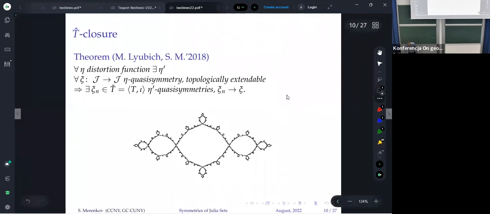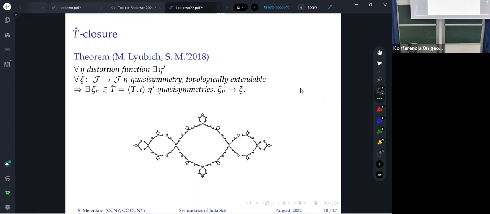Right. So that is the main result here for Basilica. With Misha Lyubich, we proved that if you look at this group, which we call T hat, generated by T and the inversion, then any quasisymmetry can be approximated, in the uniform sense, by a sequence of quasisymmetries.